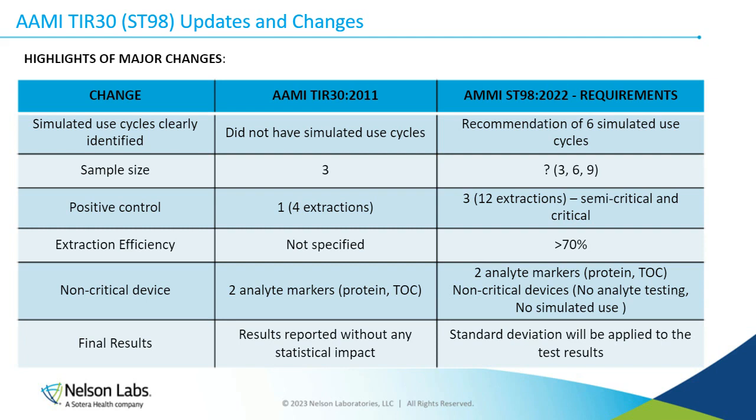Extraction efficiency was not specified. Now it does specify that you want to show greater than 70% recovery. It doesn't say you have to; it says it's recommended and gives you examples of why it's appropriate to have the 70%.